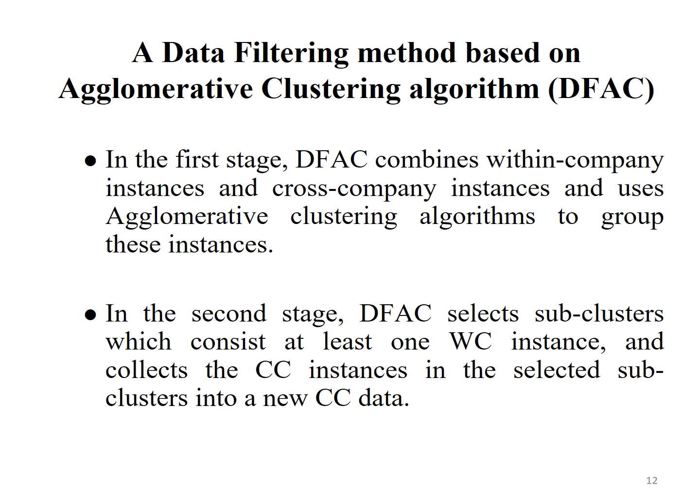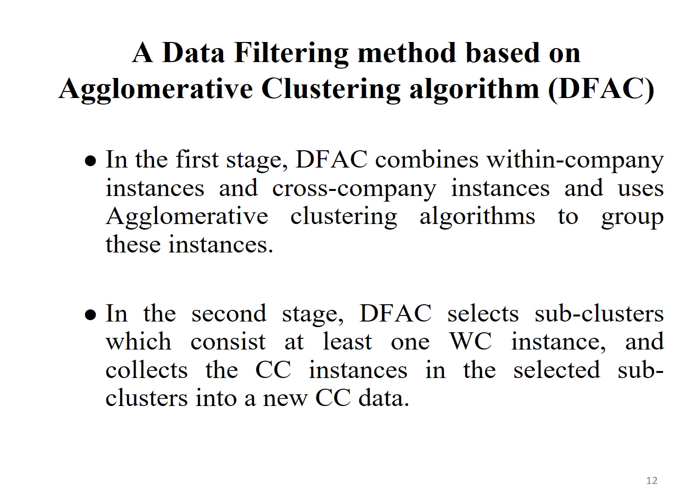DFAC consists of two stages. In the first stage, DFAC combines within-company instances and cross-company instances and uses the agglomerative clustering algorithm to group these instances. The main goal of agglomerative clustering is to partition WC instances and CC instances into K clusters such that instances in the same cluster are similar and instances in different clusters are dissimilar to each other.